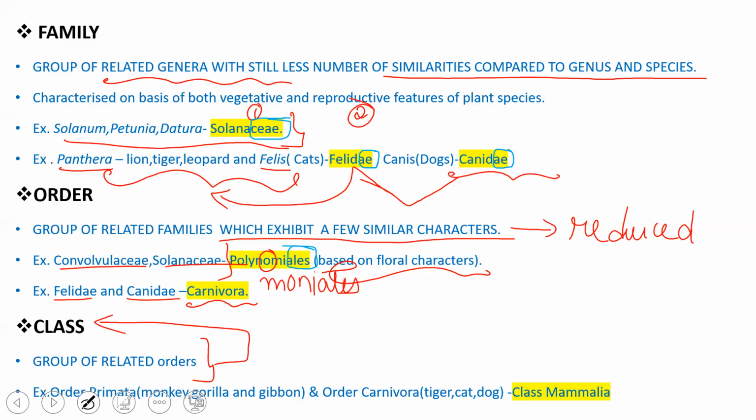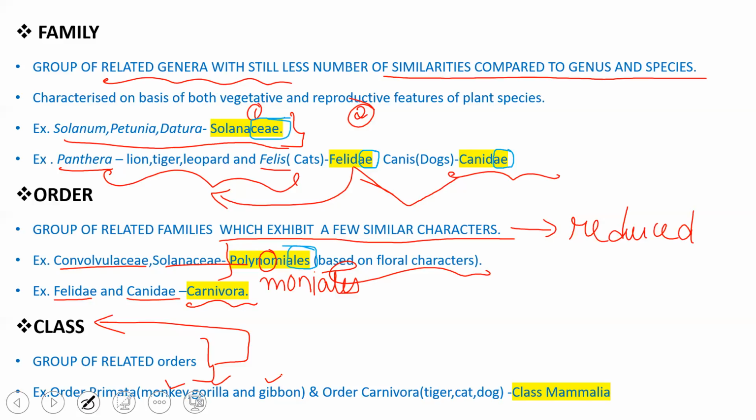For example, as I told you, the order Primata includes monkeys, gorillas, and gibbons. They all belong to one single order, including humans. And the other order, which we just now understood, is Carnivora, which includes the tiger, cat, and dog.